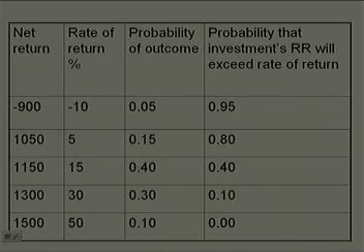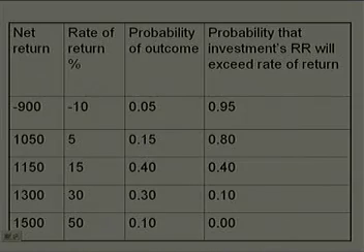That means there is a minus 10% rate of return on your $1,000 investment. Suppose I invest $1,000 and I am getting a return of 900 at the end of a particular year. It means I have made a loss and my rate of return is minus 10%. So, corresponding to this rate of return, my probability value is given to be 0.05.